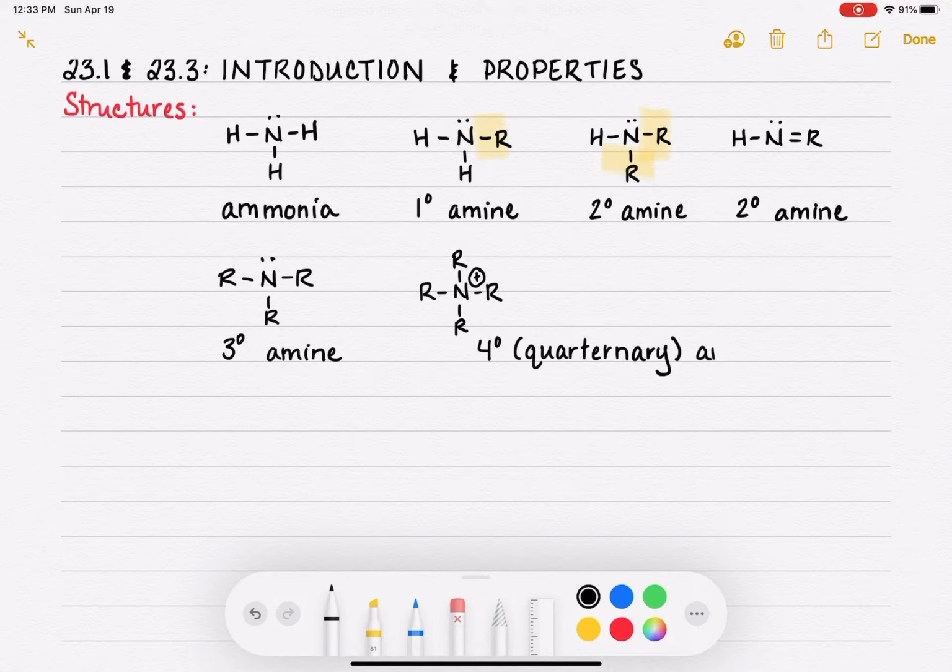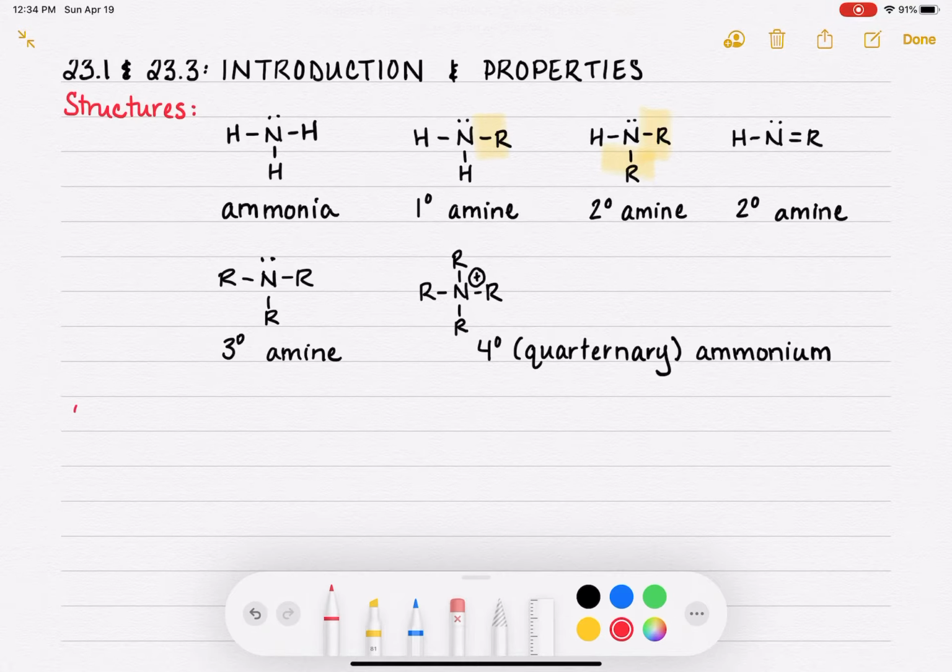It's a quaternary ammonium. Ammonium, not ammonia. Remember, ammonium from Gen Chem is the NH4 plus ion. So this is just a derivative of the ammonium ion. Sometimes these are called quaternary ammonium salts because they have to have some sort of anion to go along with them, like a chloride ion.